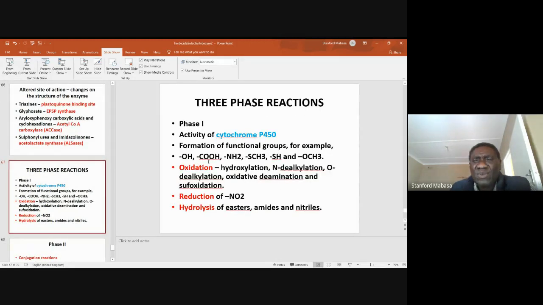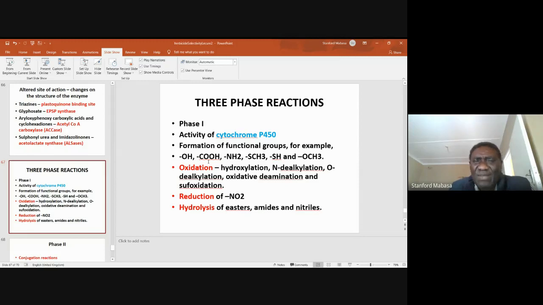Now, we also discussed the selectivity which is brought about by herbicide metabolism, which is classified in 3 phases.